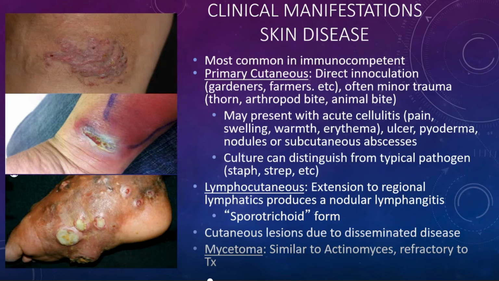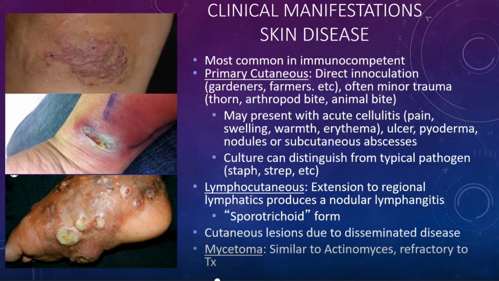I remember one of the first patients I saw with Nocardia was somebody who was immunocompromised with acute leukemia, was neutropenic, and happened to be at home, was cleaning out the gutters at his home, and basically suffered an abrasion to his wrist against the sharp edge of the gutter, and developed cutaneous nocardiosis.